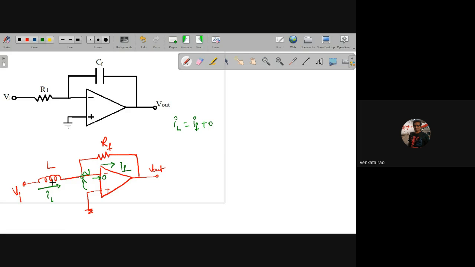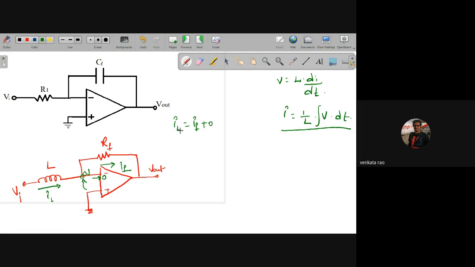V is equal to L into di by dt, the voltage across the inductor. If you want the current, I is equal to 1 by L into integral V dt.